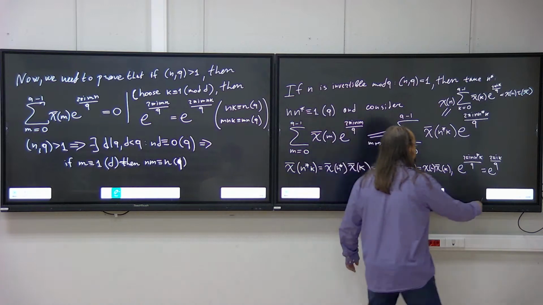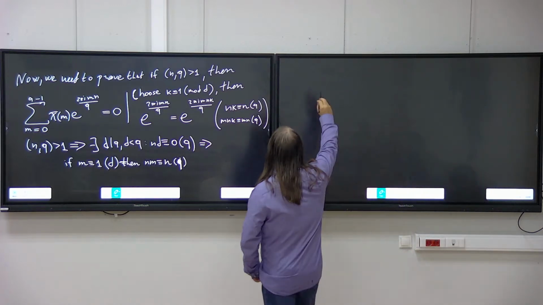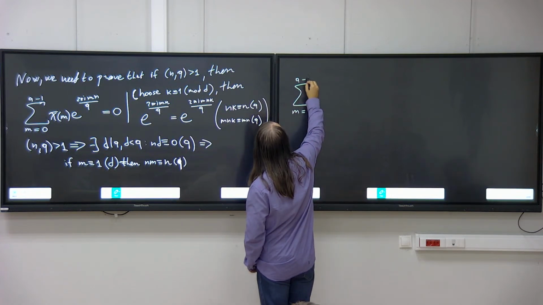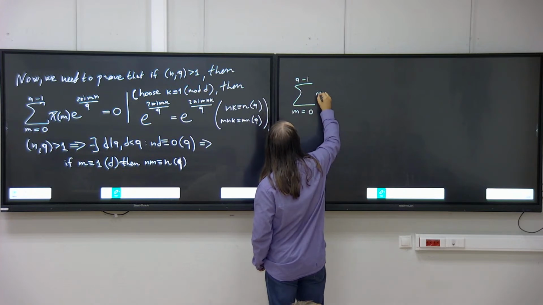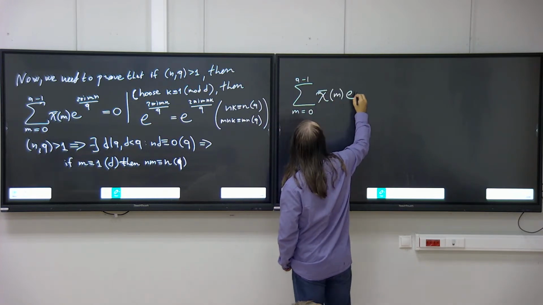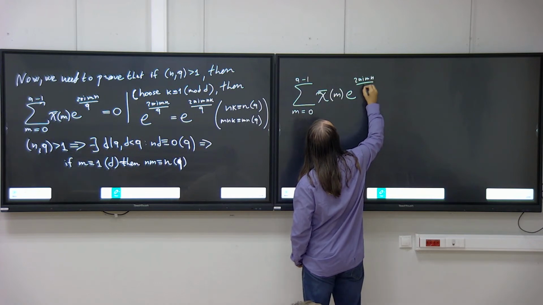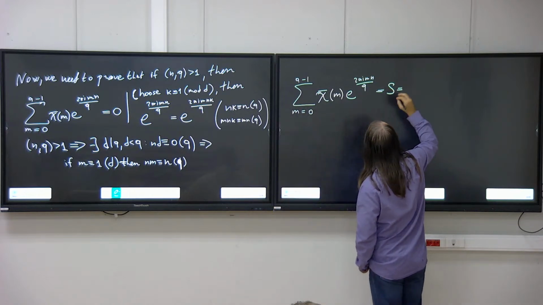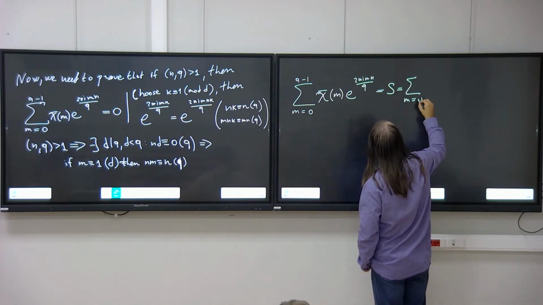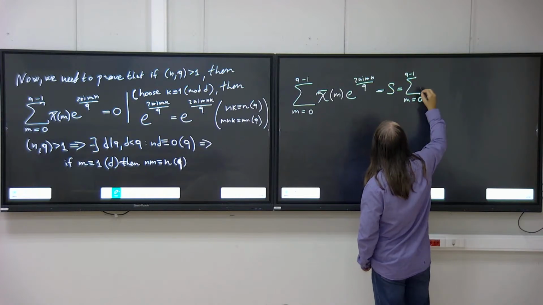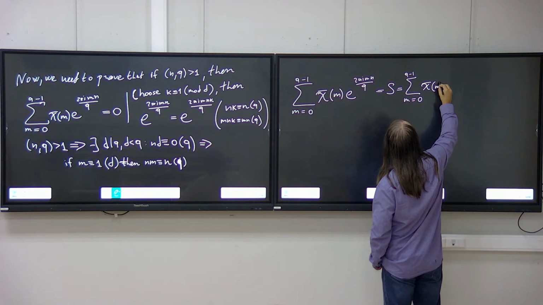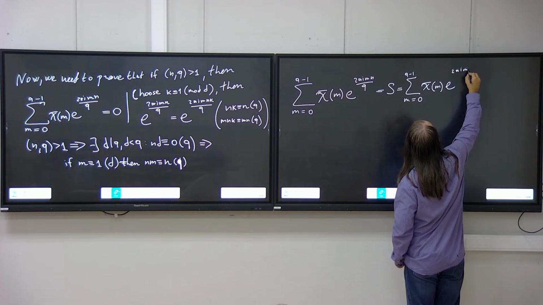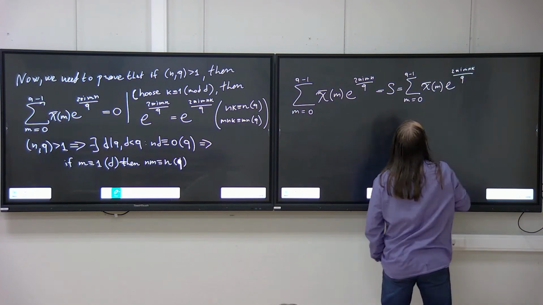So now we continue our computation. Sum over all m from 0 to q minus 1 of chi bar of m, e to the 2 pi i m n over q, say it is equal to s. Then the same sum is equal to the sum over all m from 0 to q minus 1 of chi bar of m, e to the power 2 pi i m n k over q.